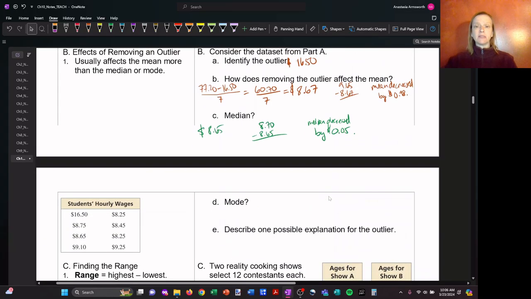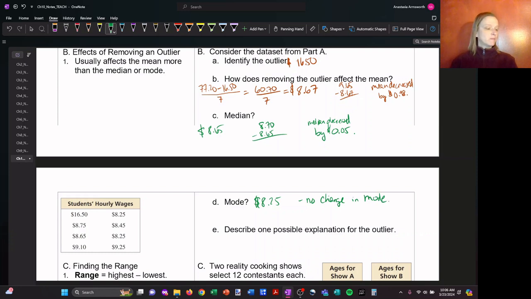My only repeated value is $8.25. So there was no change in the mode. So when you remove an outlier, you usually affect the mean the most. You affect the median less, and you affect the mode less. And in this example, not at all.